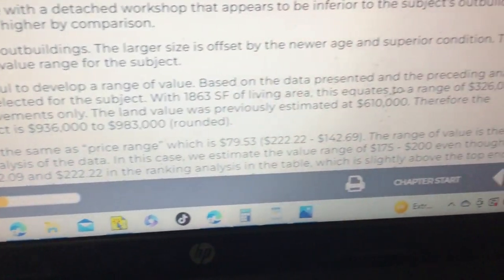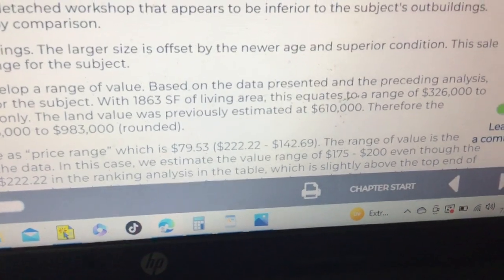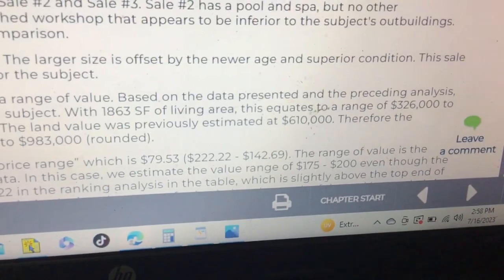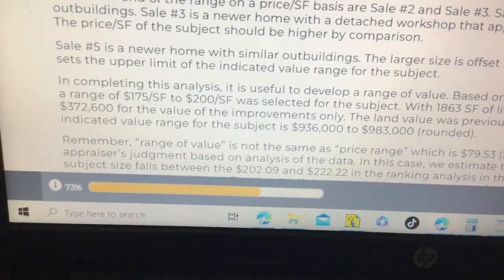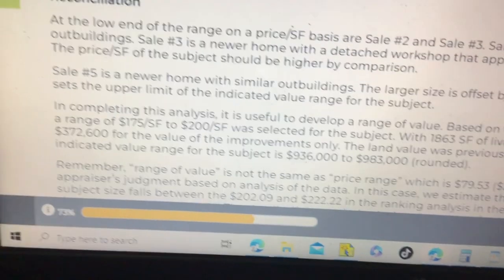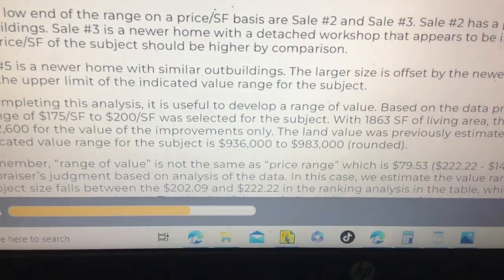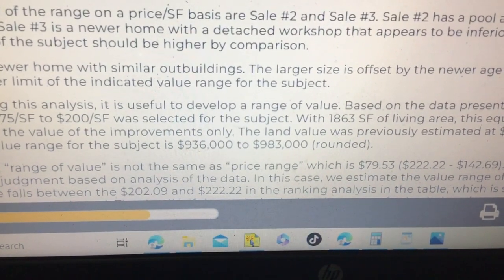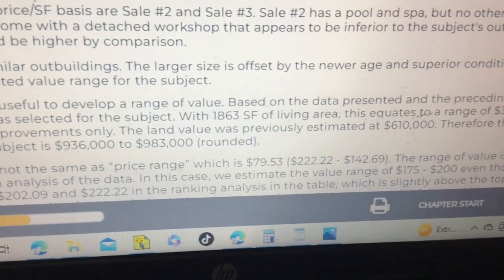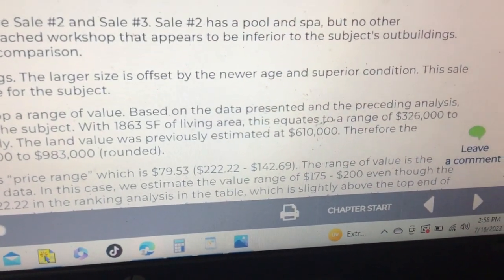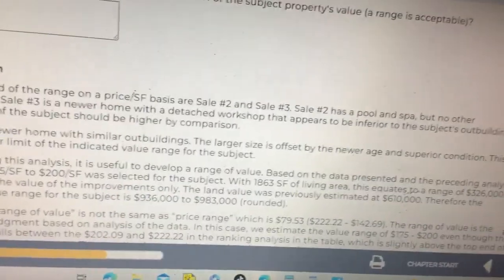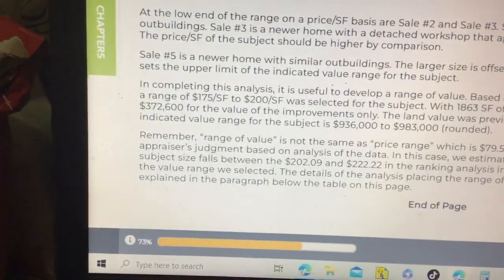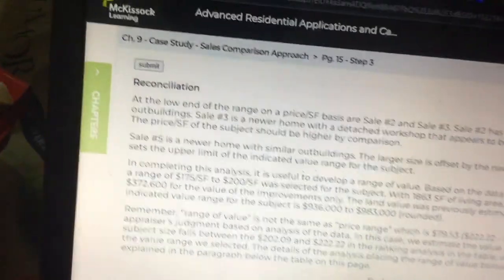In this case, we estimate the value range of $175 to $200, even though the subject size falls between the $202.09 and $222.22 in the ranking analysis in the table, which is slightly above the top end of the value range we selected.